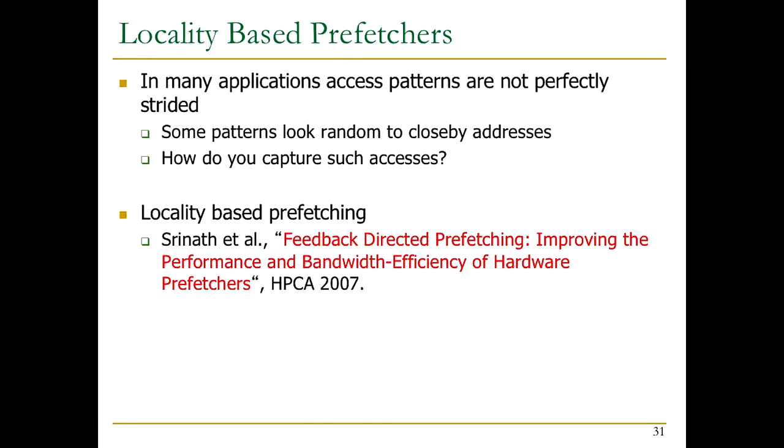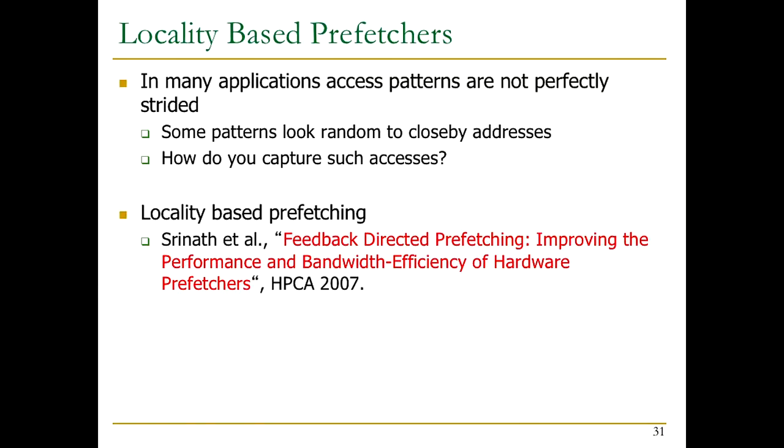Right? So that becomes a little bit hard to predict. You really are operating on this data structure locally, and that's why we're going to talk about what I call locality-based prefetchers. There's no easy way of describing this, I think. But how do you capture such accesses is a key question that keeps some people up at night.